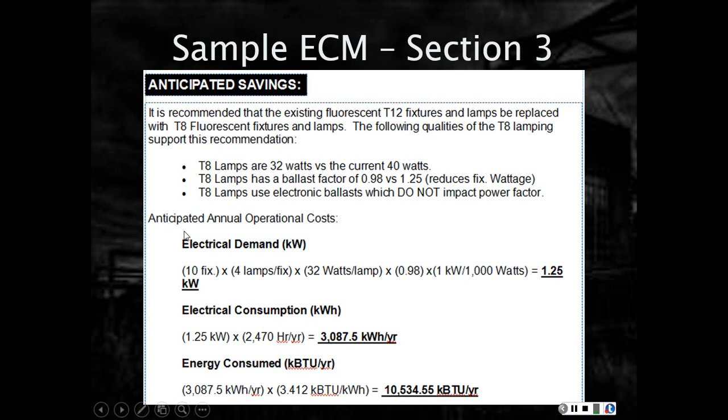So, the anticipated annual operating costs. We have 10 fixtures, again, 4 lamps per fixture, 32 watts per lamp, times the new ballast factor. We now have reduced the kilowatt of demand from 2 down to 1.25. The electrical consumption, same hours of operation, times the lower demand, so our consumption has been reduced.